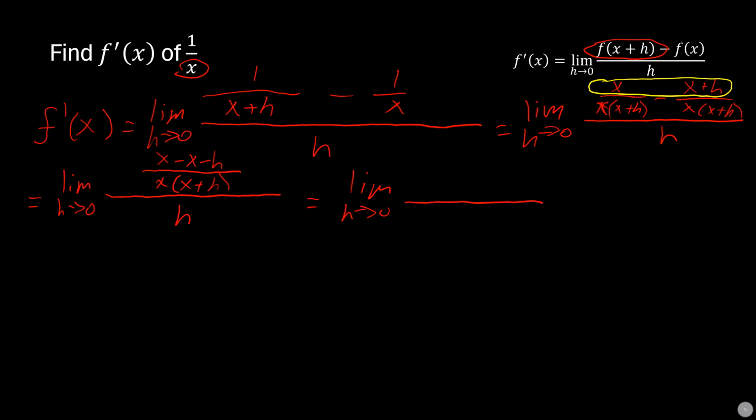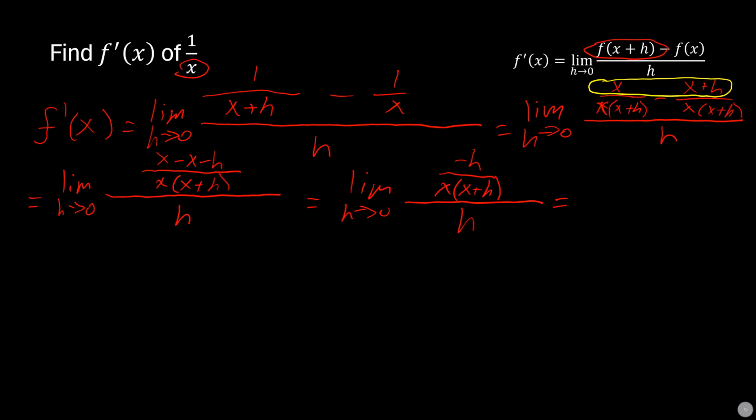Since these x minus x cancel, we now have negative h over x times x plus h, all over h. Now from here, you're like, what do I do? If I substitute, I'd get 0 over something over 0. That would be undefined. That wouldn't work. So we're going to go a little farther.